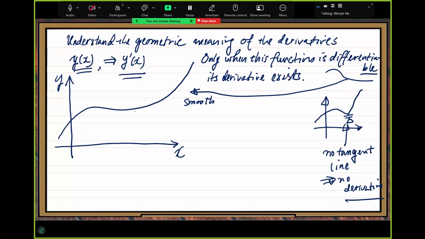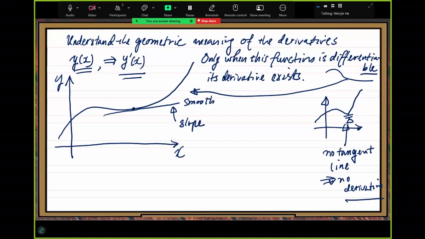Let's look at this point and draw a tangent line here. Then the slope concept: when we have a straight line, we have the slope concept.